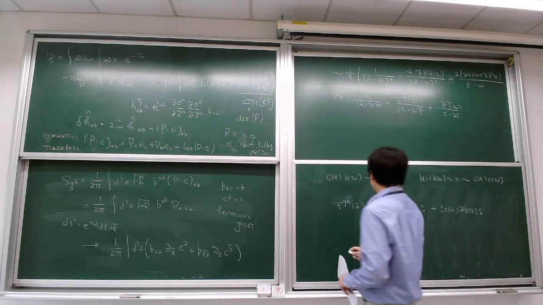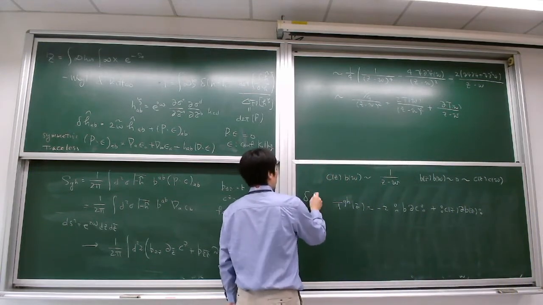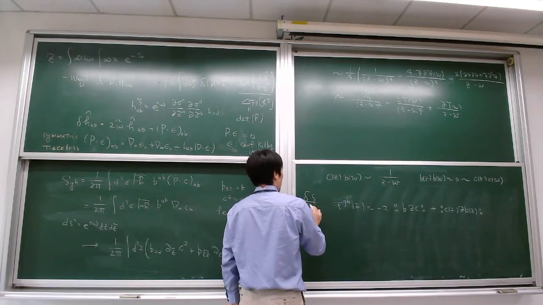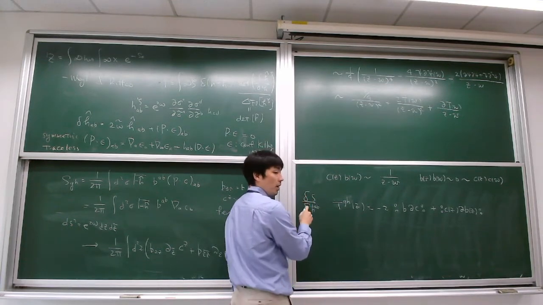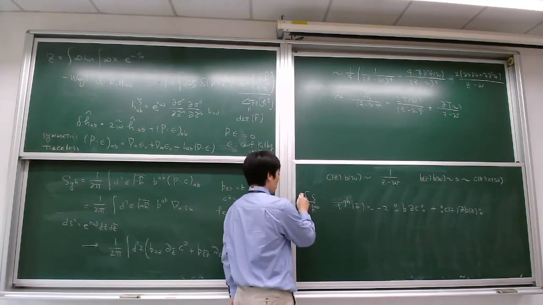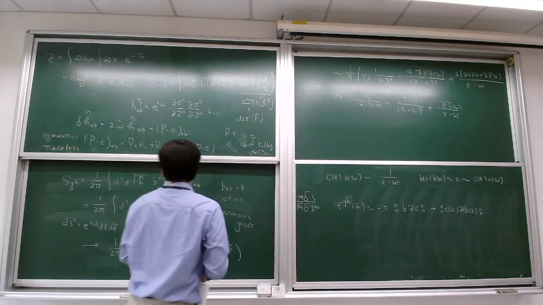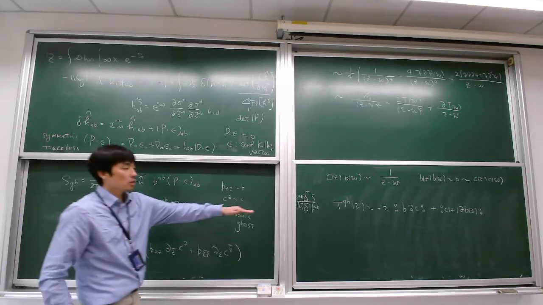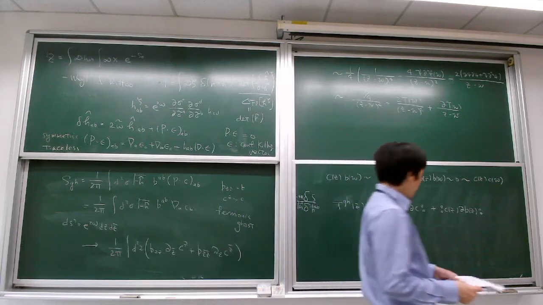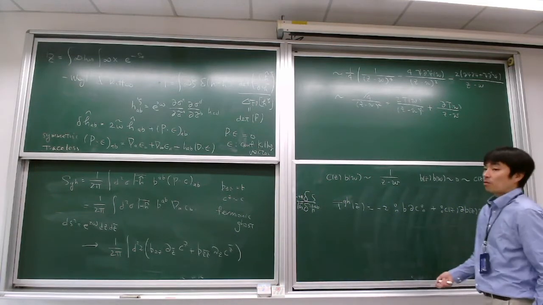You just take the action, take the derivative with respect to the metric h_ab with the factor 4 pi over square root h, start from this action, take the variation with symmetric, get this, and take the conformal gauge.